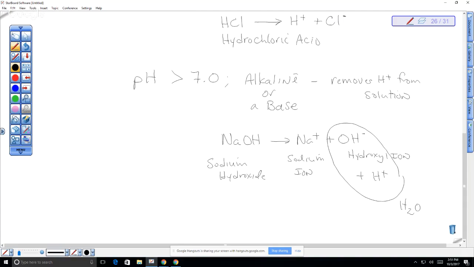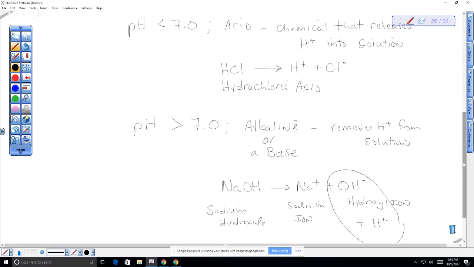Now you can actually use baking soda. I wouldn't recommend using it a lot, but you can stir it in water and use it to cure your heartburn if in the middle of the night you wake up and there's nothing else in the house. The problem with baking soda is that you're going to remove the hydrogen ions, and then you're going to produce sodium chloride, which is salt.